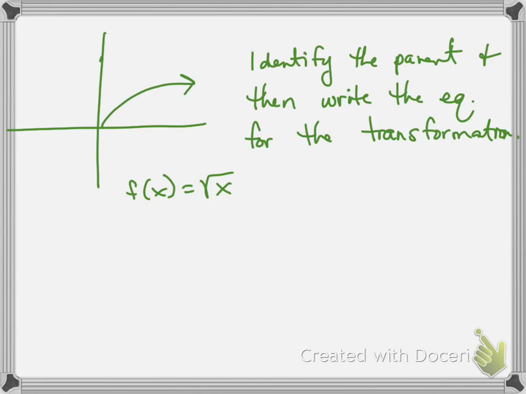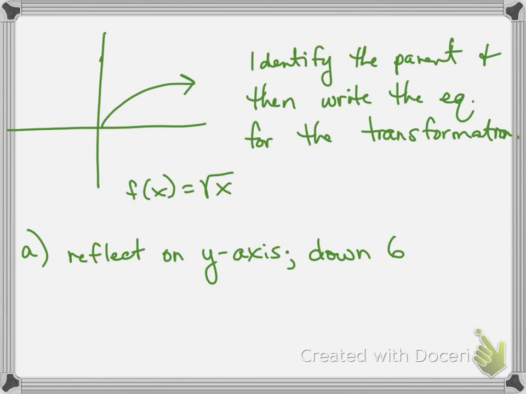And then they're going to have a set of information for us. So we want to reflect on the y-axis and we want to shift it down 6. Okay, so we want to write the equation of what happens to this once we do these things to it.